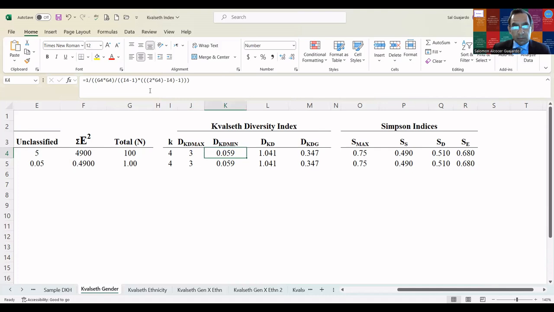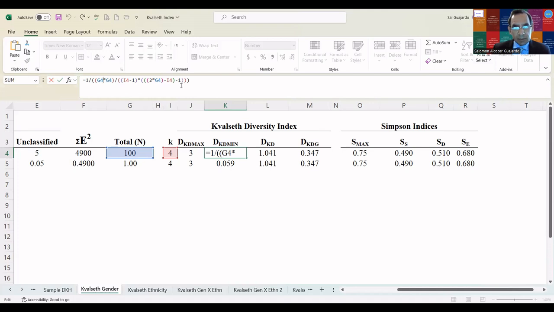There's also a formula for obtaining the minimum score. And here's the complex formula. It's 1 divided by the quantity of the total number of individuals times the total number of individuals, divided by 4 minus 1 times 2 times 100 minus 4 minus 1.